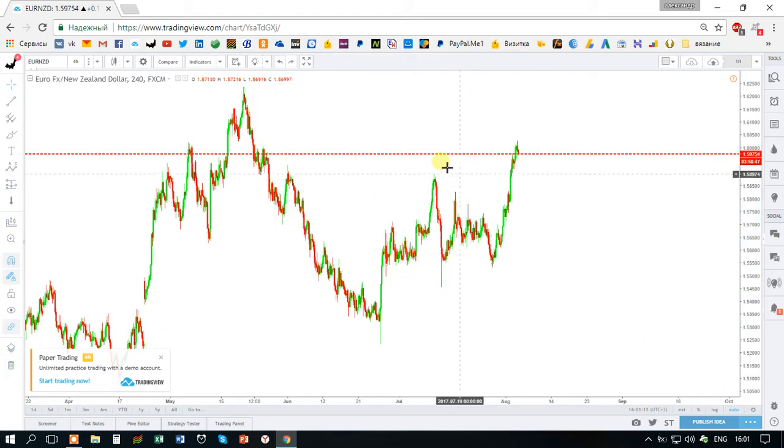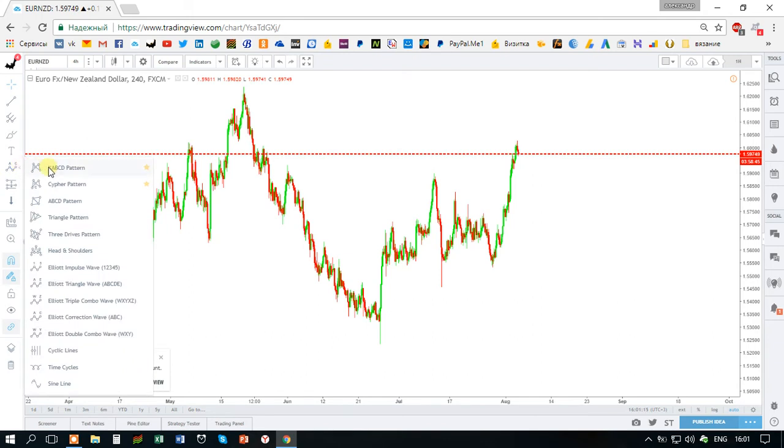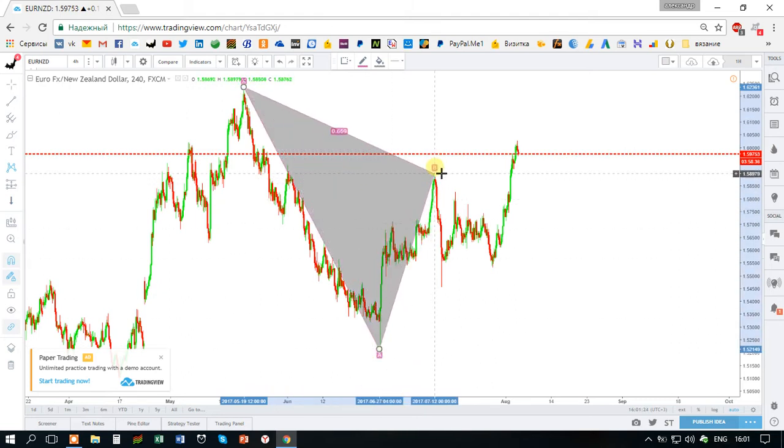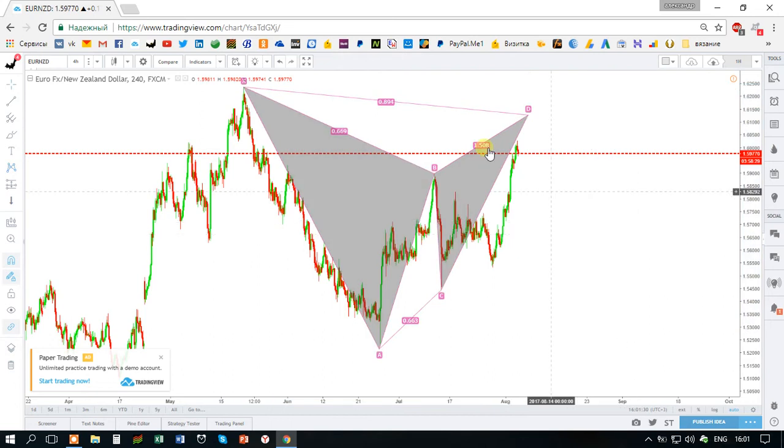So if I delete that stuff, and if I use the XABCD pattern, I just connect the first impulse, X to A, then I draw it here to B, then to C, and then I have it here. Okay, so the B point retraces 66.9.